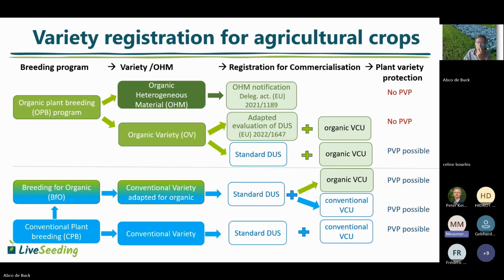I think that would be the better definition, but it's also heavily discussed in the plant reproductive material regulation, which still needs to get approval at the council before it can enter the trilogue discussion.